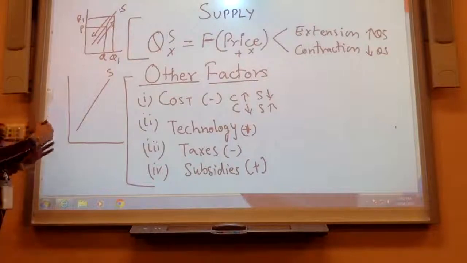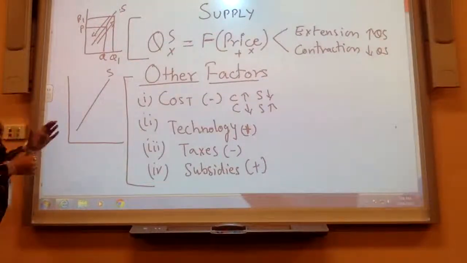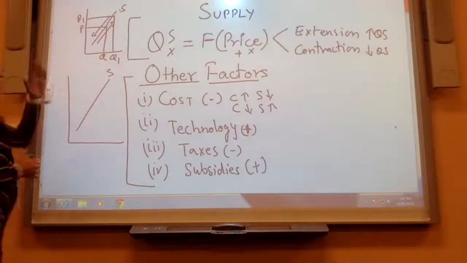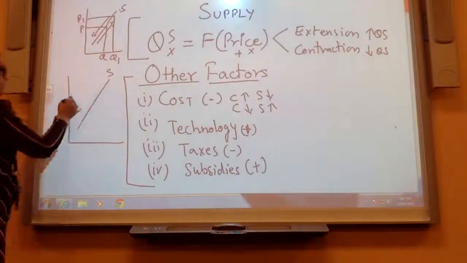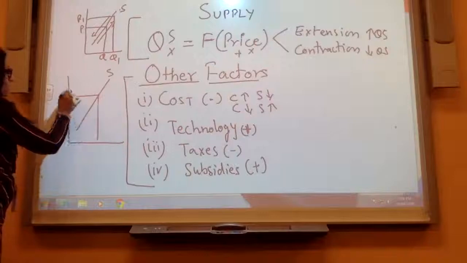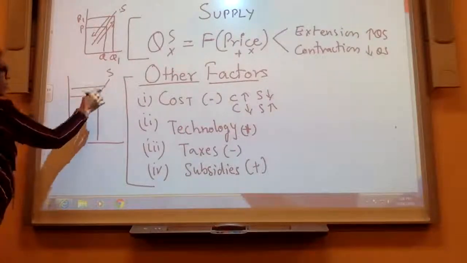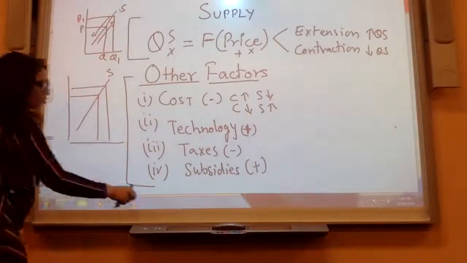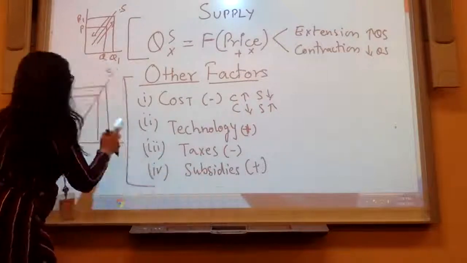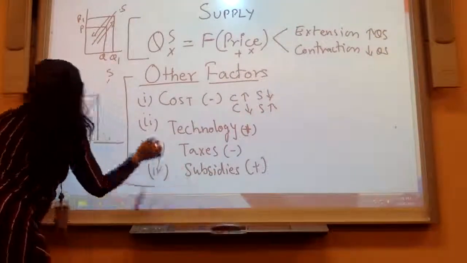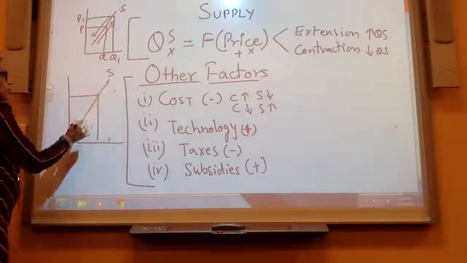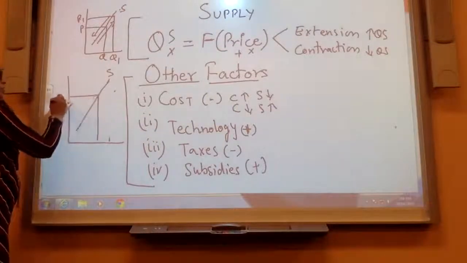We have already done that supply curve. If I'm not very good at graphical representation, I can just draw a freehand diagram, putting my left arm at a 45-degree angle, and this is your supply curve. This is showing extension or contraction. But if I had to show an increase in supply, the price is not changing now.